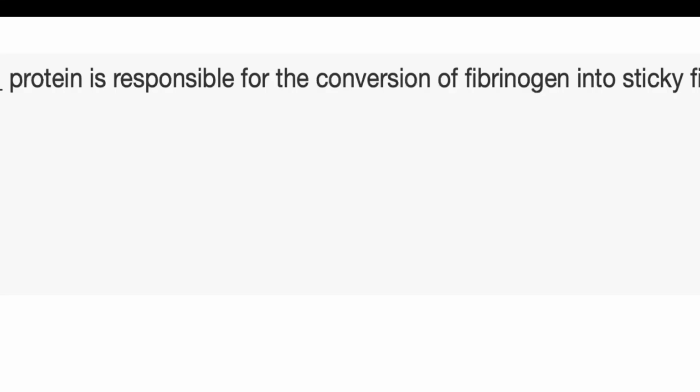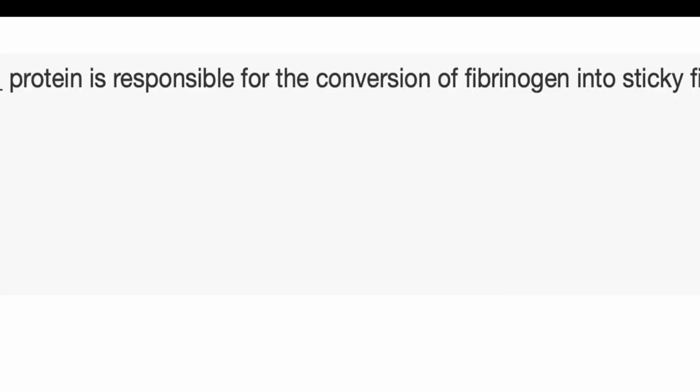Please look at it carefully. Which is the protein that is responsible for conversion of fibrinogen into sticky fibrin that helps bind the clot? The clot here means a blood clot. Option A, albumin. Option B, spectrin. Option C, ankyrin. Option D, thrombin.